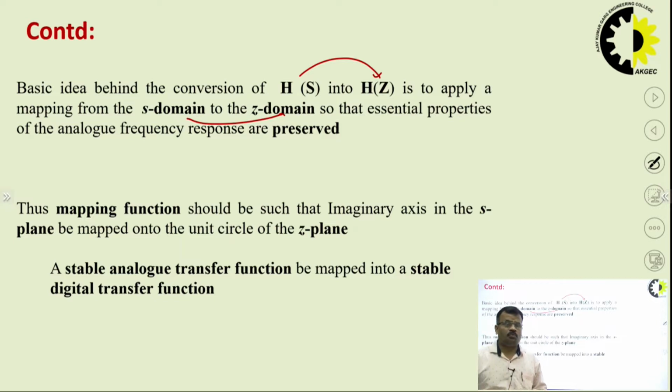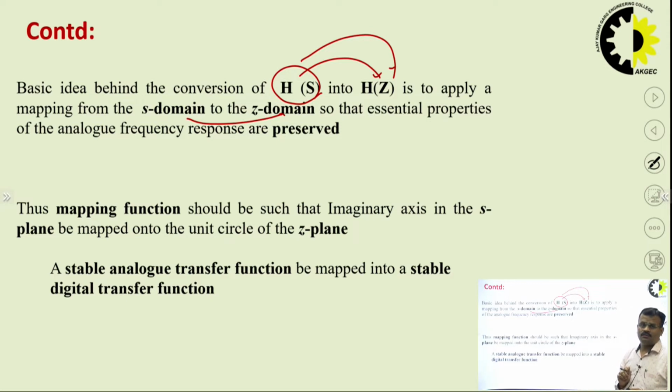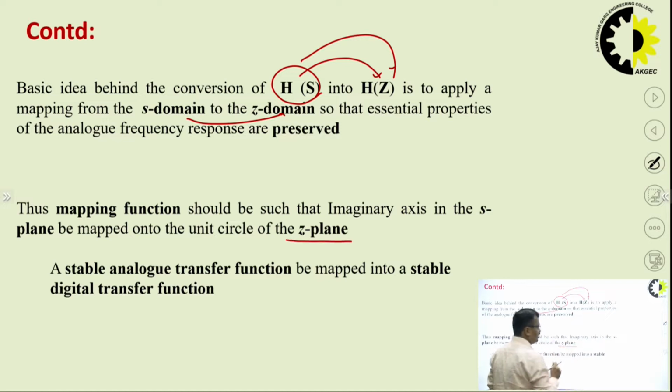It means input and output do not change. If you are transforming H(s) into H(z), then the same characteristics available in the analog filter will be in the designed digital filter. Thus, the mapping function should be such that the imaginary axis in the S plane is mapped into the unit circle of the Z plane.